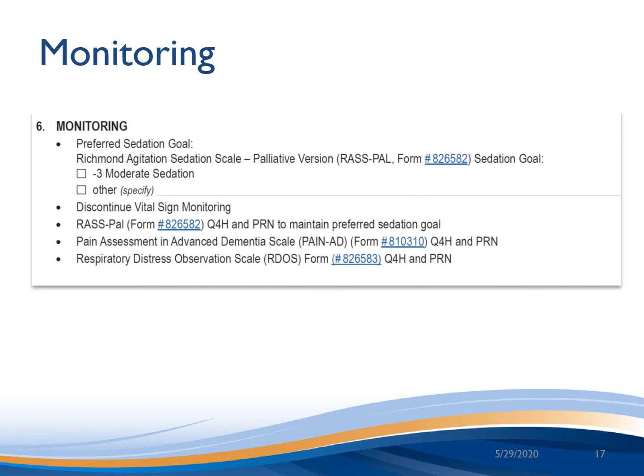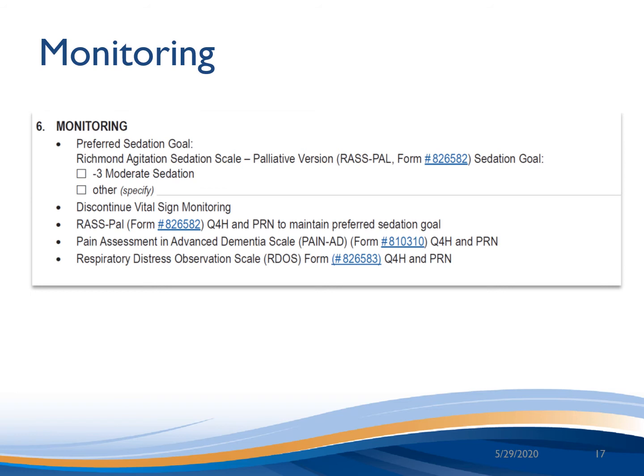The PPO also includes a monitoring section to help establish the sedation goal for this patient, as well as to establish how to monitor the patient while they're undergoing palliative sedation. The recommended sedation goal is a level of -3 or moderate sedation, which means that the patient may move or even open their eyes to voice, but will not maintain eye contact.